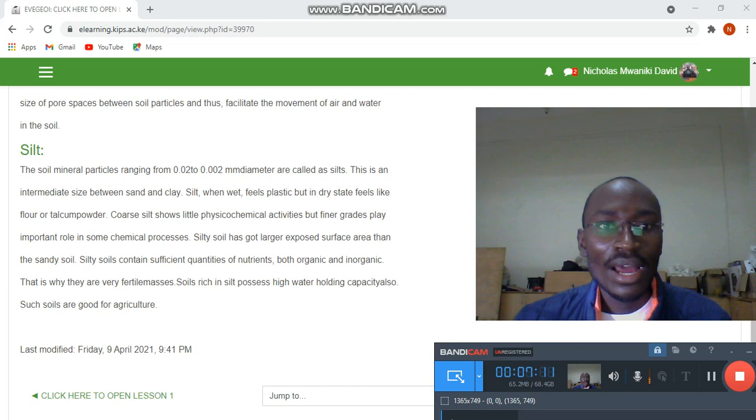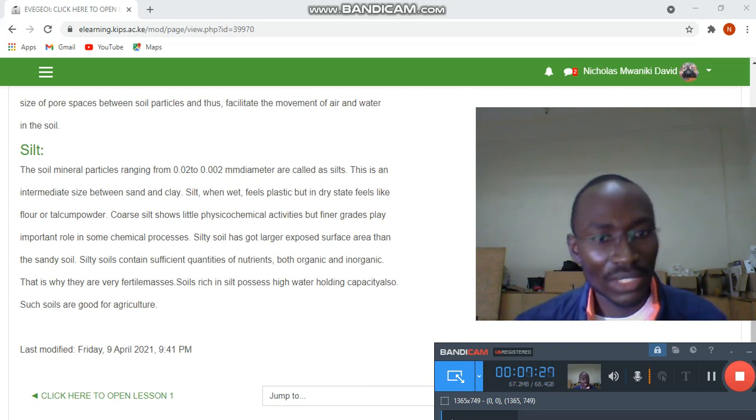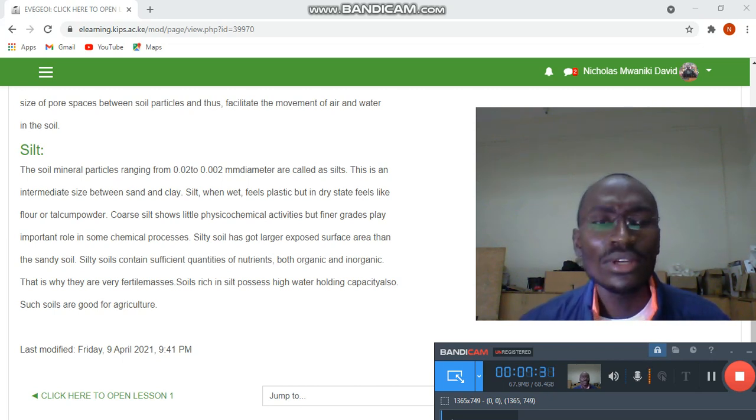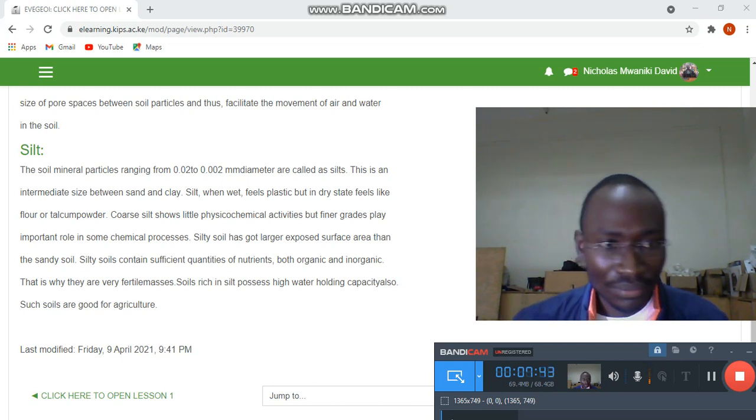Silt soil has a larger exposed surface area than sandy soil, because the particles of silt are a little bit smaller than those of sand. Silty soils contain sufficient quantities of nutrients, both organic and inorganic, so silt has more nutrients in comparison to the sand.